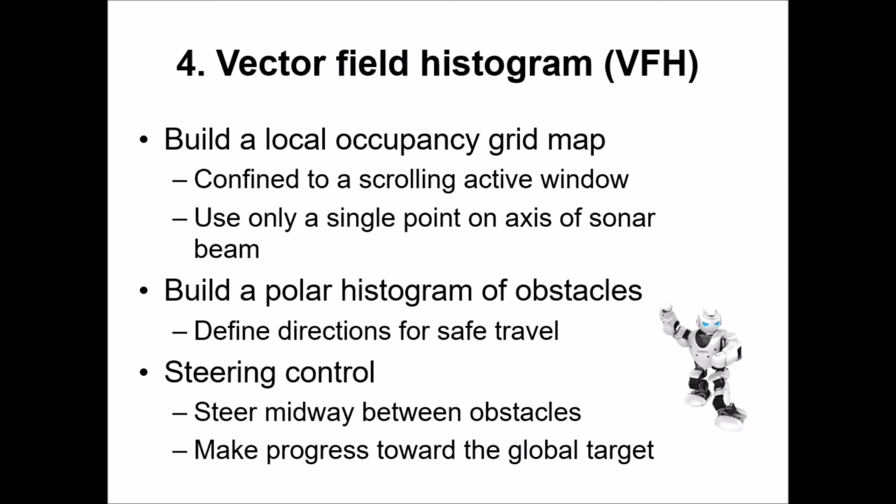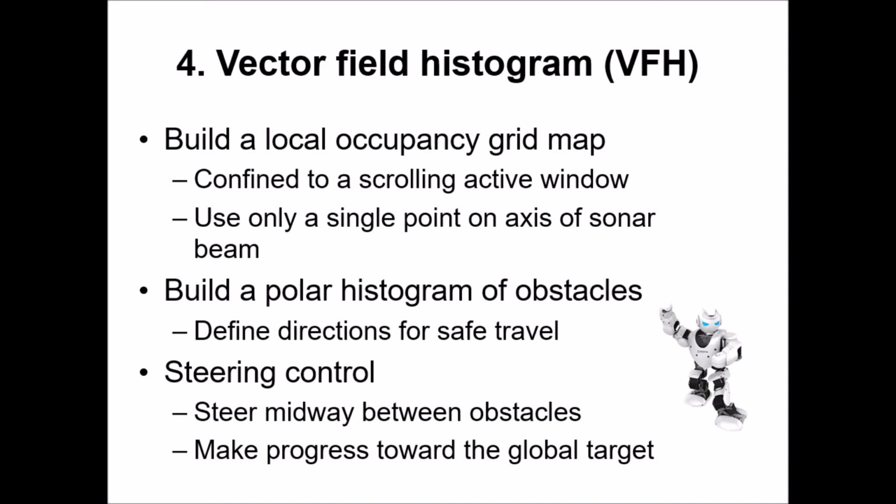Next we move on to the second part of the algorithm, which is known as the vector field histogram. The algorithm works in a different way in comparison with the artificial potential field. First, it constructs the local occupancy grid map.